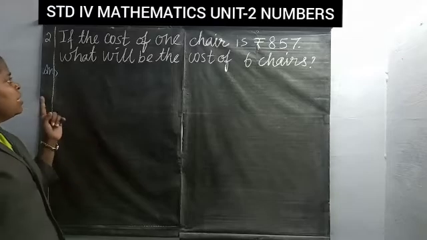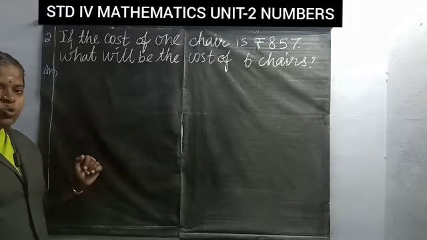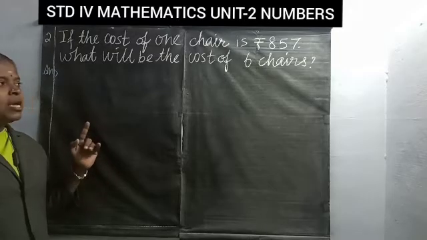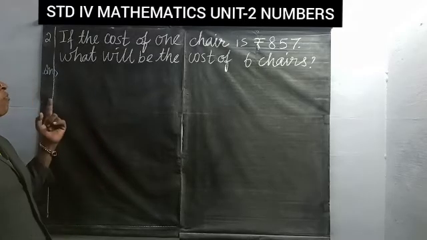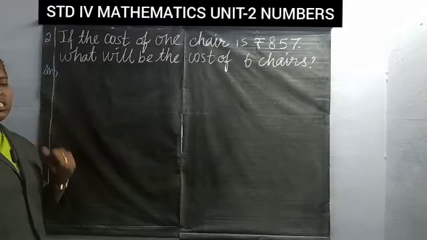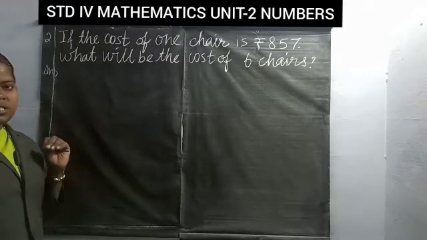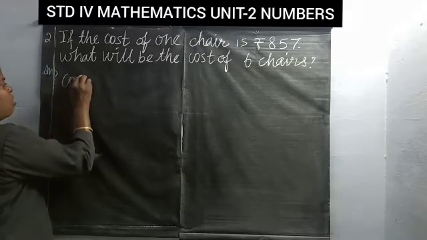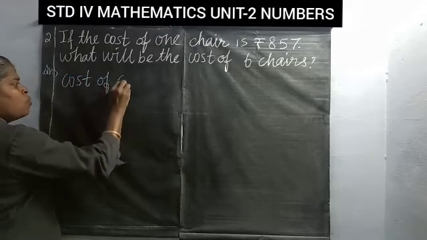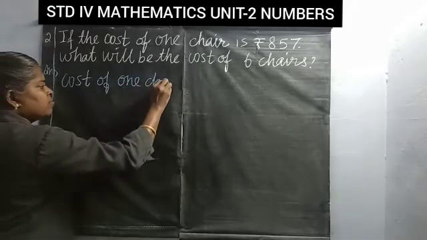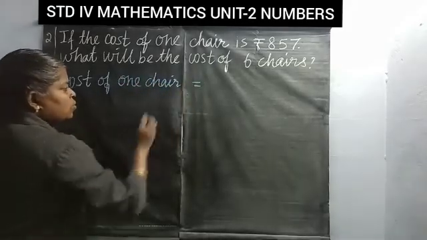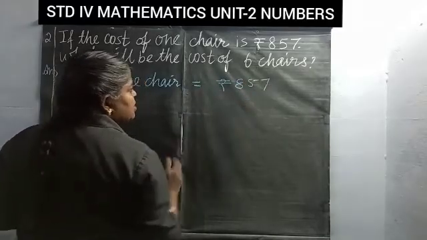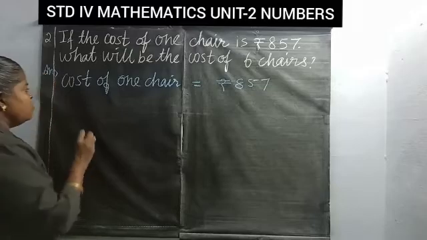Next question. If the cost of one chair is rupees 857, what will be the cost of 6 chairs? We want to find the amount for 6 chairs. So first we write: cost of one chair equals rupees 857.